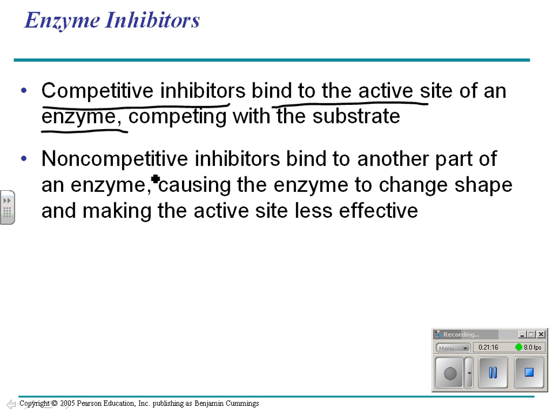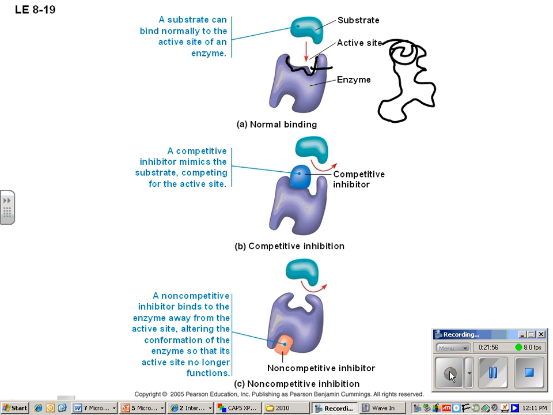Non-competitive inhibitors bind to another part of an enzyme, changing its shape so the active site doesn't work. A competitive inhibitor is something that sticks in the active site of an enzyme so that what it normally attaches to doesn't.